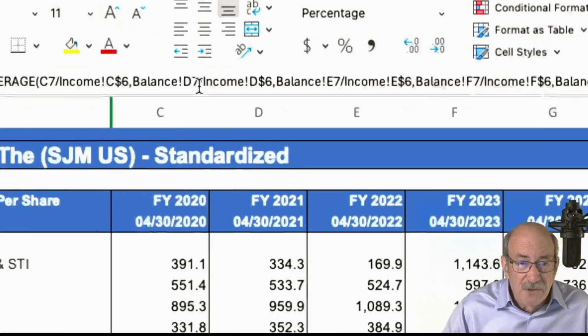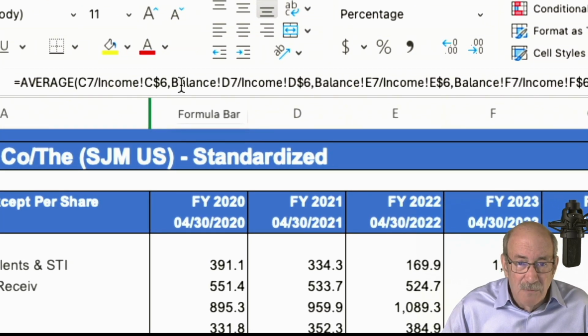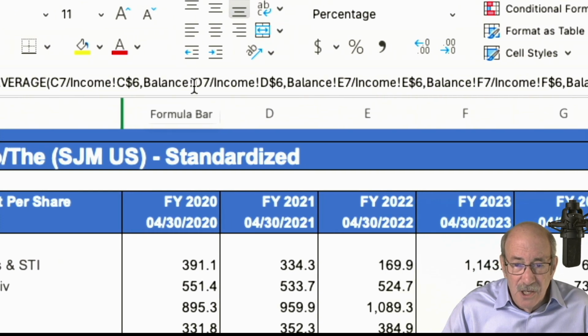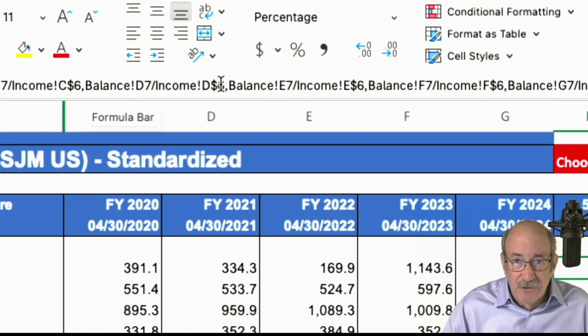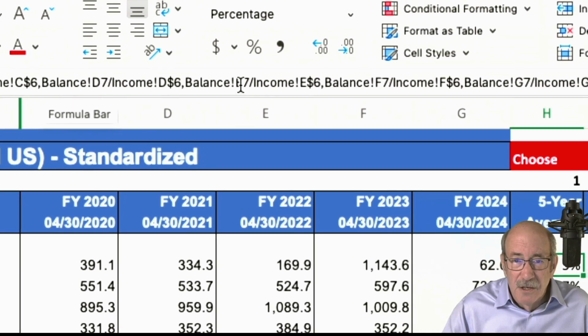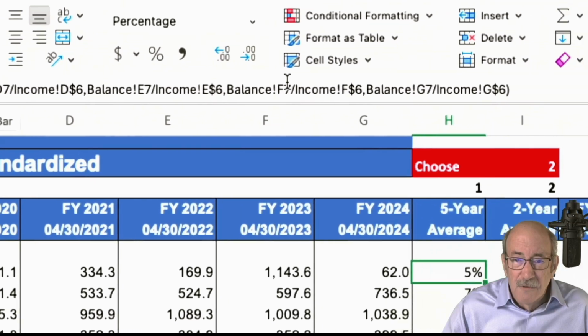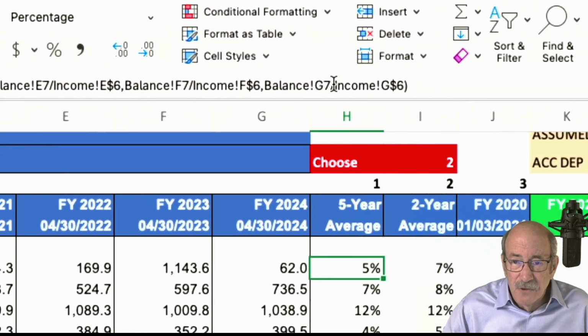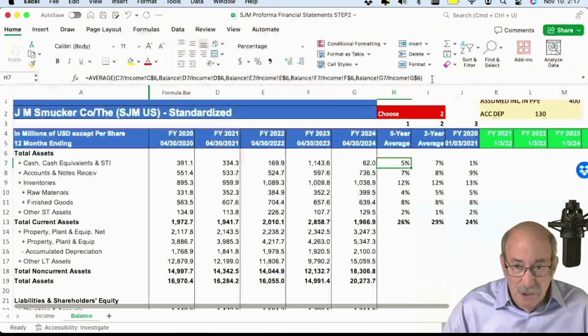Then a comma. And then I did the exact same thing for the other fiscal years. D7 is fiscal year 21 divided by the revenue from fiscal year 21, which is D6 on the income statement. And then a comma, and then I did fiscal year 22, fiscal year 23, and fiscal year 24. Close parens, and my formula is done.